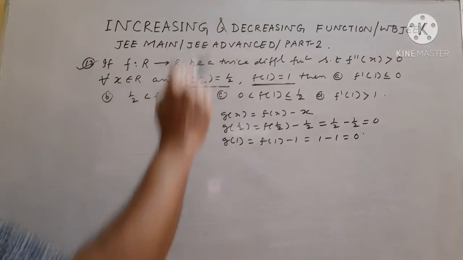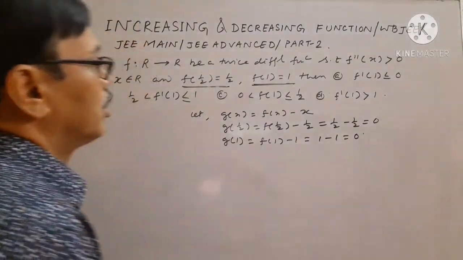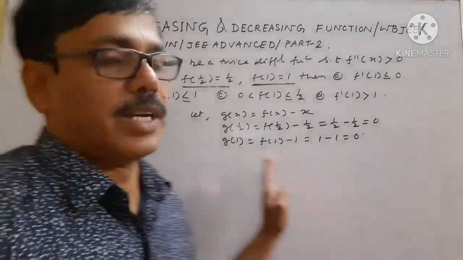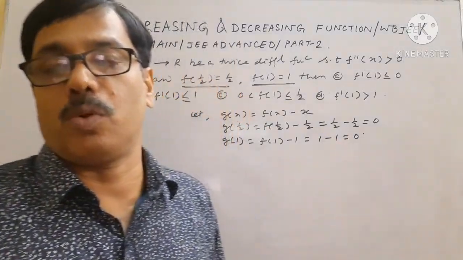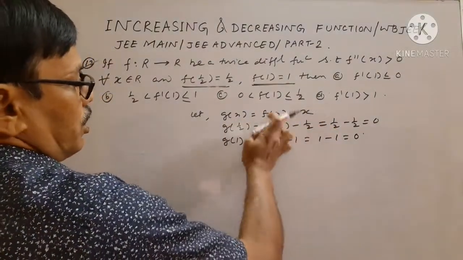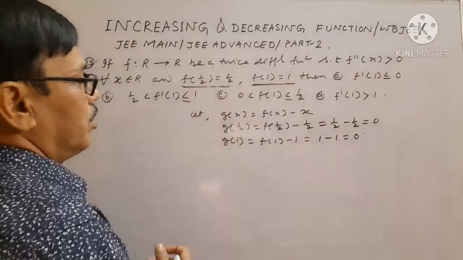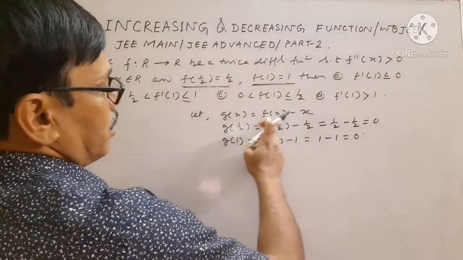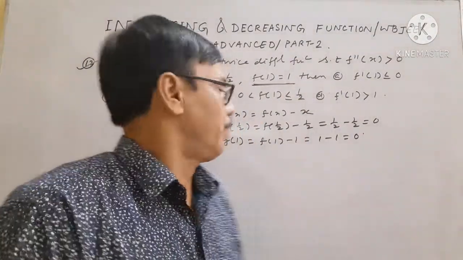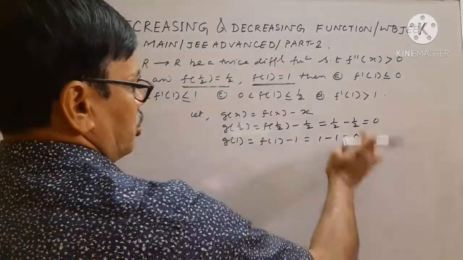So fx is a differentiable function, hence it is continuous. So gx satisfies all conditions of Rolle's theorem. What is the condition? gx is continuous, since fx is continuous and x is continuous. Fx is differentiable, x also differentiable, therefore gx also differentiable. And g half equals g1 equals 0.